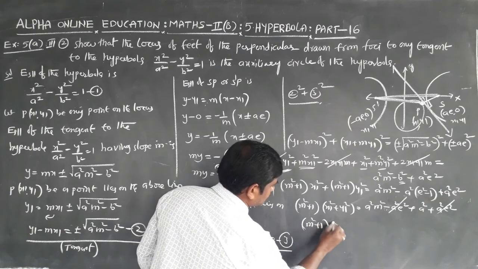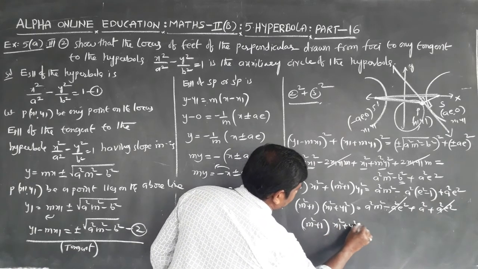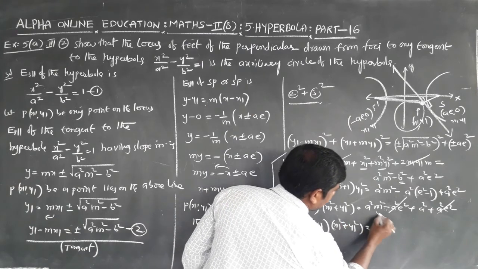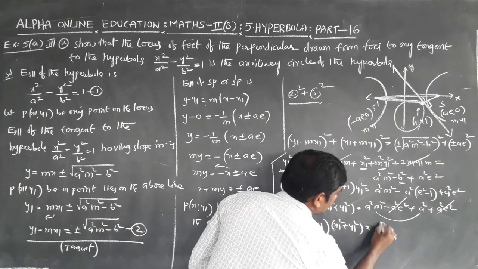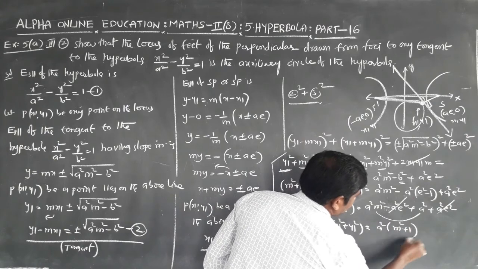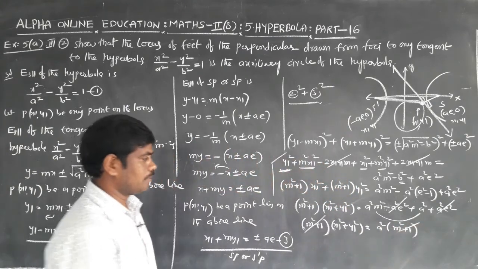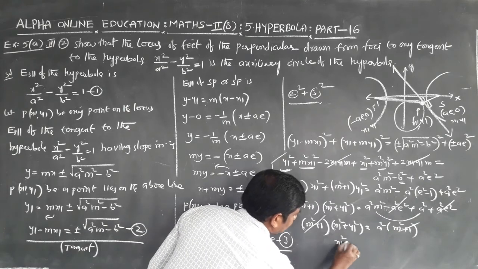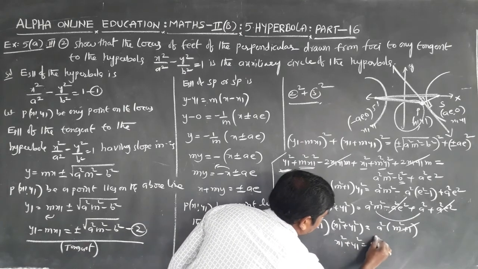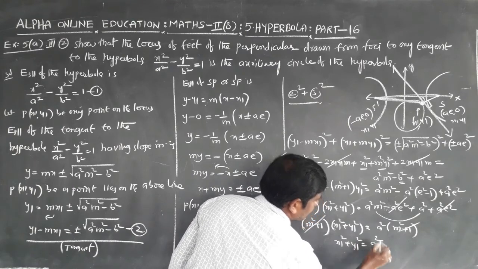m square plus 1 into (x1 square plus y1 square) equals a square common in the two terms, m square plus 1. Both sides, m square plus 1 gets cancelled. x1 square plus y1 square equal to a square.